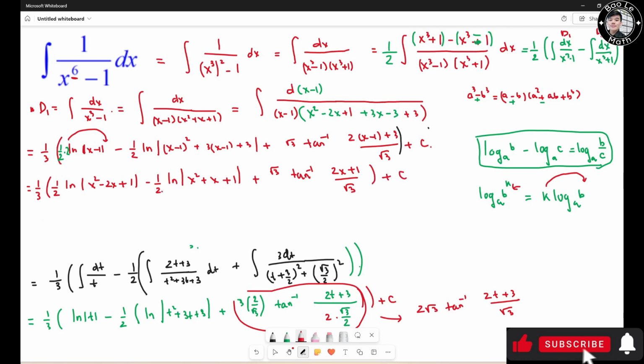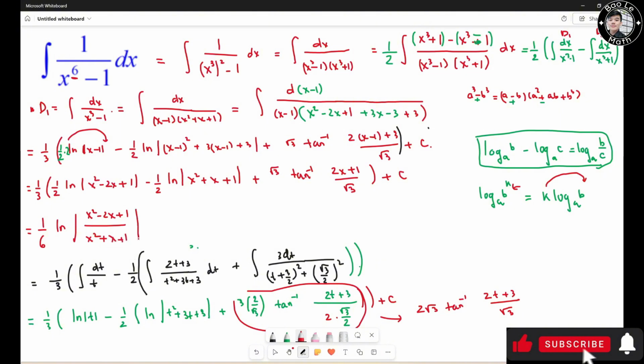Now I factor 1/2 out, and I multiply by 1/3, so it's going to be 1 over 6. And then this one right here, I use the formula right here. So it turns out to be natural log of the absolute value of (s squared minus 2s plus 1) over (s squared plus s plus 1).